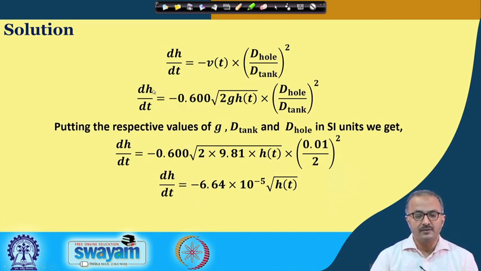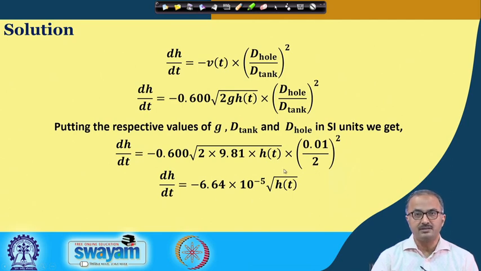Now, this is the final equation. We put the expression for the velocity in this equation, and we find that the diameter of the hole, the diameter of the tank, and g are all constants. If we put SI units, this is what we get. Here the value of g is 9.81 meter per second square, the hole diameter is 1 centimeter or 0.01 meter, and the tank diameter is 2 meters.